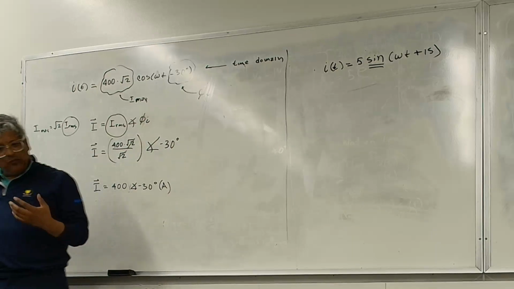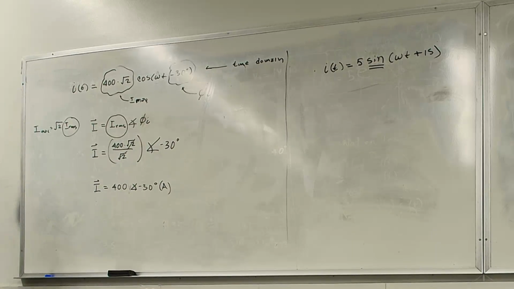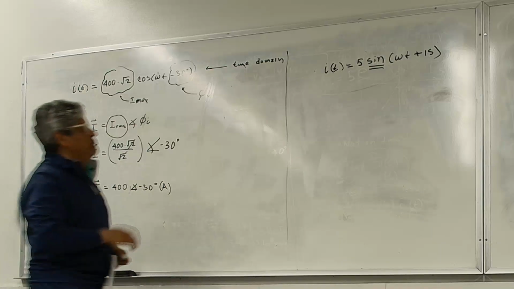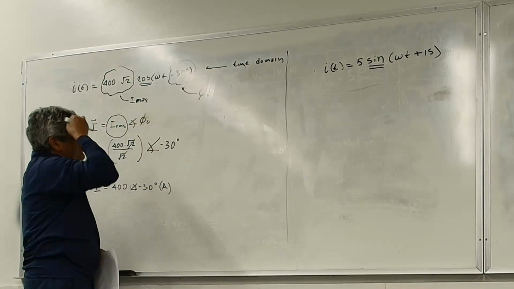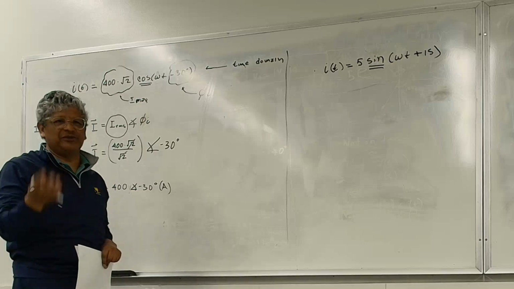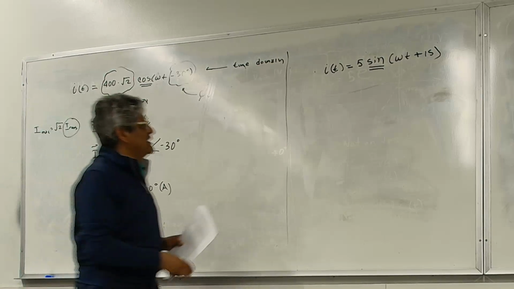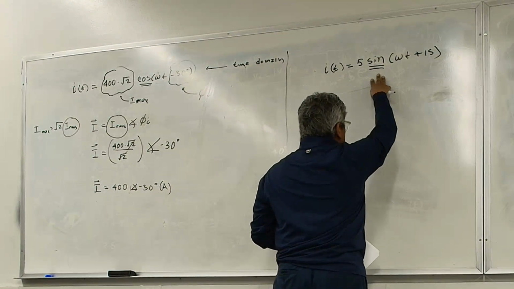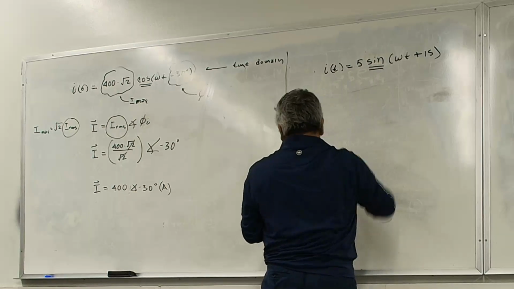So once again, that doesn't mean if anybody wants to represent a current as a sine, that's totally fine. But because we decided, electrical engineers working in power systems, to use cosine so that we do not get all mixed up, we make any signal that is sine, convert it to a cosine.